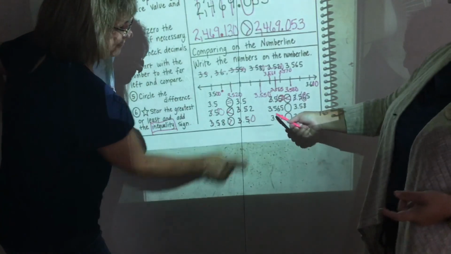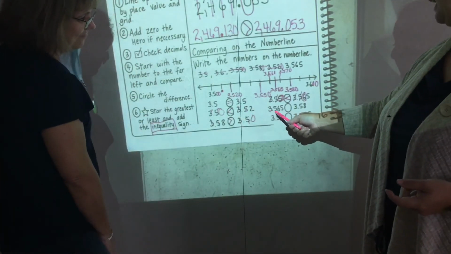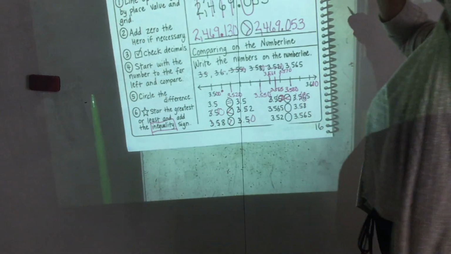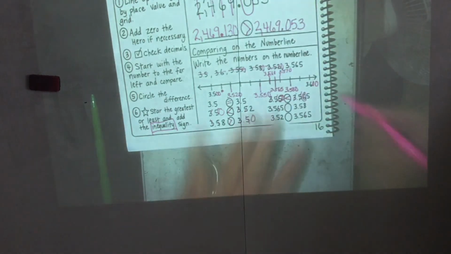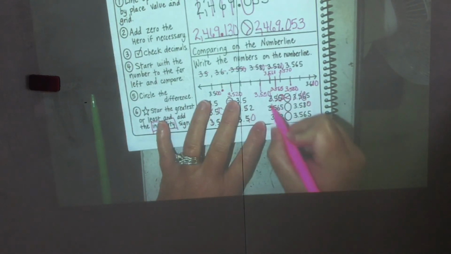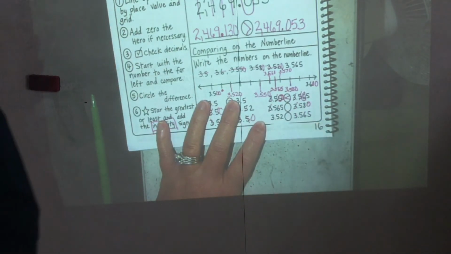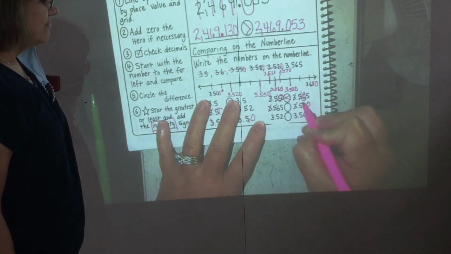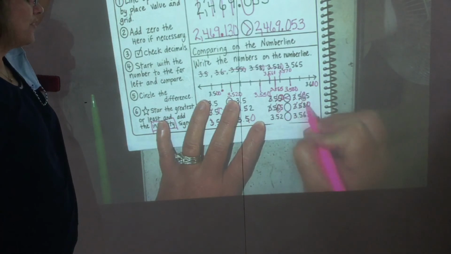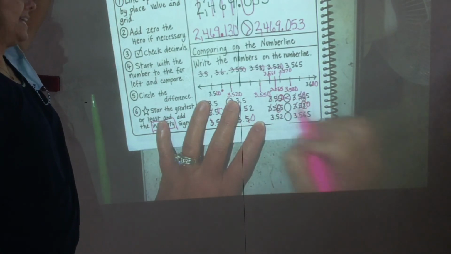All right, here we go. Oh, look. I have 3 decimal places here, and I only have 2. My hero, 0. All right, now, the 3 wholes are the same. 5/10 is the same. Ooh, but wait a minute. The hundredths are not different. 6 or 8.